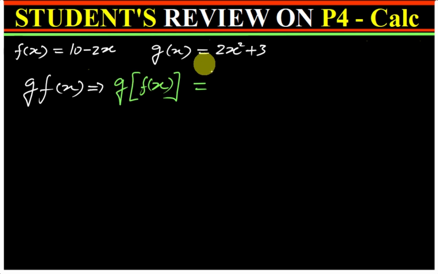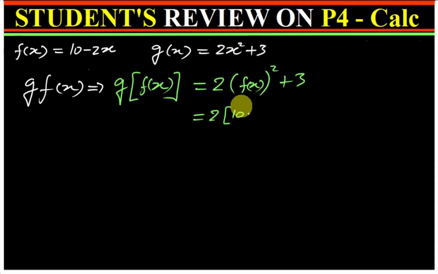So g of f(x) is equal to 2 times f(x) square plus 3. Now we'll replace this: f(x) is 10 minus 2x, squared, and then plus 3.